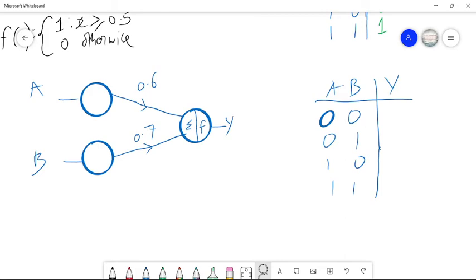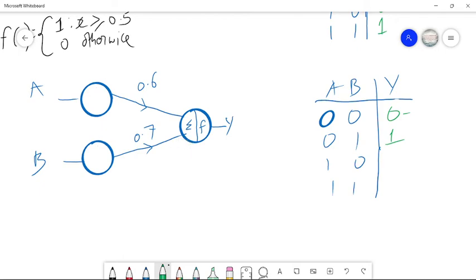If you were able to fill in the table correctly, you will have seen that when A is 0 and B is 0, this summation here would be equal to 0, and Y is then going to be equal to 0. When A is 0 and B is 1, this summation here is going to be 0.7, and Y is going to be equal to 1.